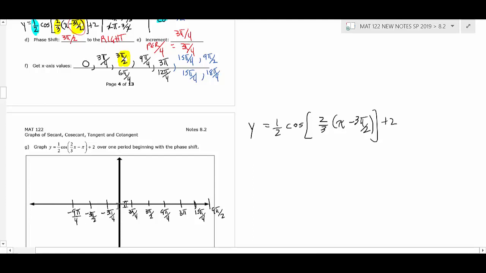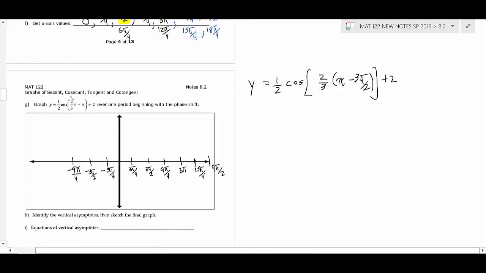Okay, so we got that, and then you want to do your y values. One thing we have here is that the amplitude of the cosine is a half, but then we're going up 2. So if you forget about the 2, you would have a max of 1/2 and a min of negative 1/2. But when you move that up 2, you would end up going to 2.5 for the maximum, and 1.5 for your minimum.